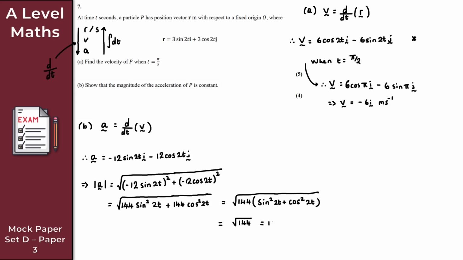Therefore the magnitude of the acceleration vector is 12 meters per second squared. As we can see, it doesn't depend on t, so therefore it is constant.